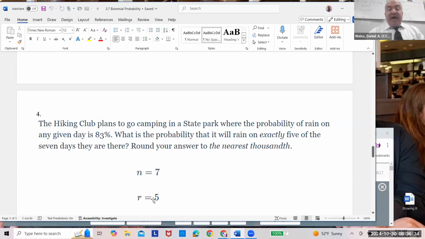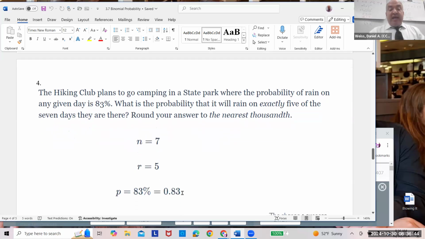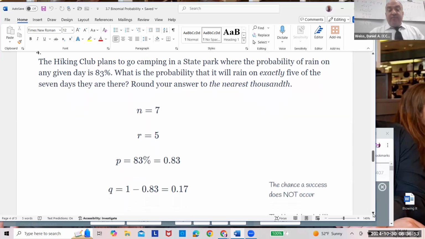R is going to be 5 because it would rain 5 of the 7 days. In this case, P, the probability, is 0.83 because it's 83%. If P is 0.83, that makes Q 0.17, right? Because 0.17 plus 0.83 equals 1.